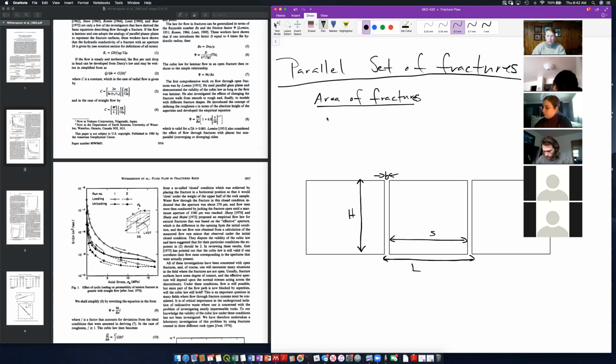So we could say H times B times the number of fractures per unit length.